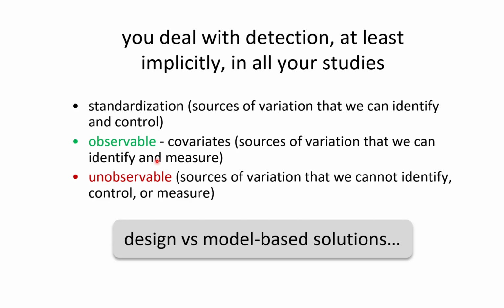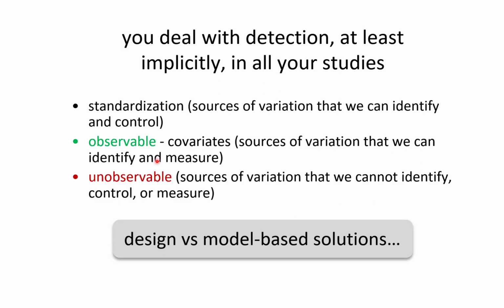So if you can observe a covariate, and by observable we simply mean something that you could see, and if you can see it, therefore you can measure it. If you have an observable covariate that you believe influences the probability of detection, then you could include those covariates in your design matrix and account for the heterogeneity directly. It's just simply part of the linear model.